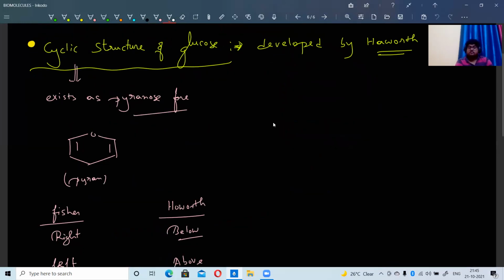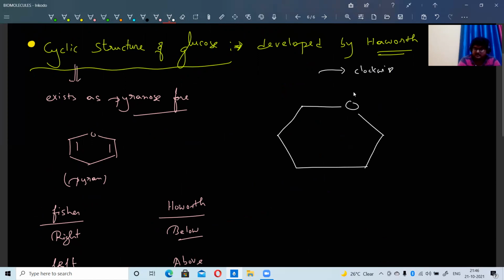Now how can you draw the Fischer projections? Always remember, for Fischer projections, just draw a 6 member ring first. Now you have to go clockwise. That means oxygen I am taking as number 1, then number 2, 3, 4, 5, 6.